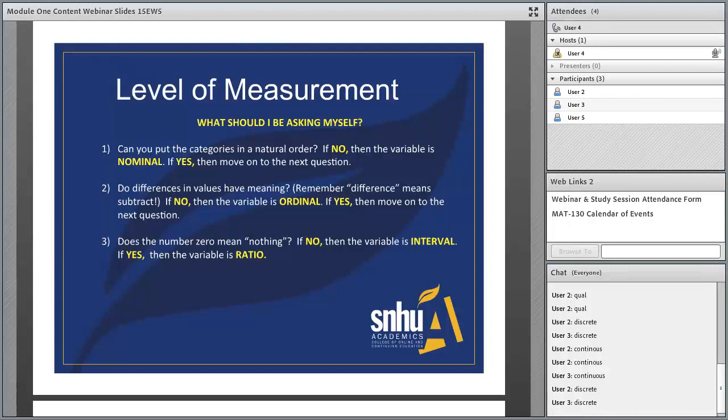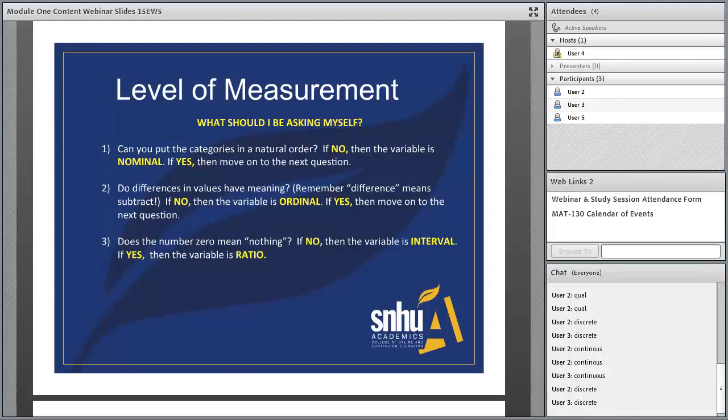As an example, I'm going to give you two very similar examples so you can see the difference. In both examples, we'll talk about a survey where we ask people how much education they have. In the first survey, we ask them, do you have some high school, graduate, some college, graduate, some graduate work?